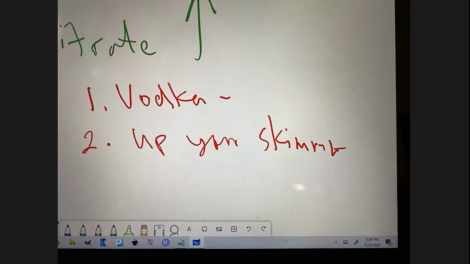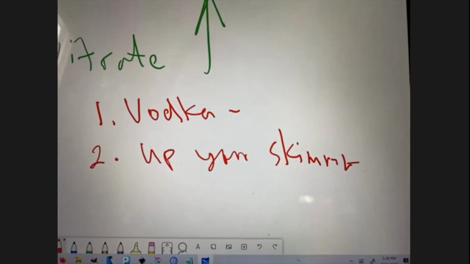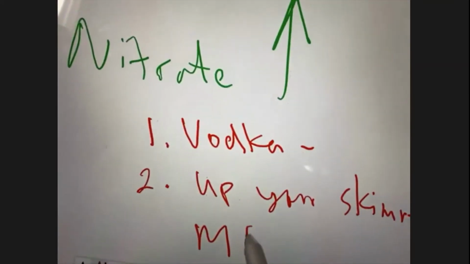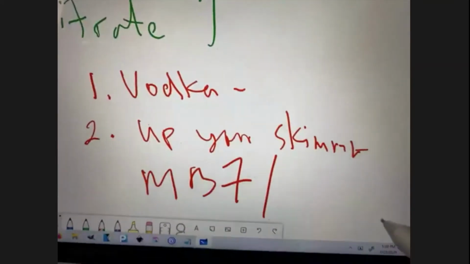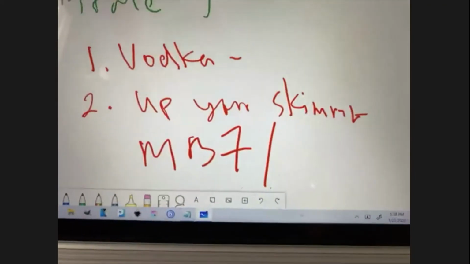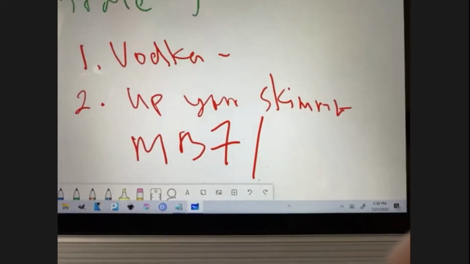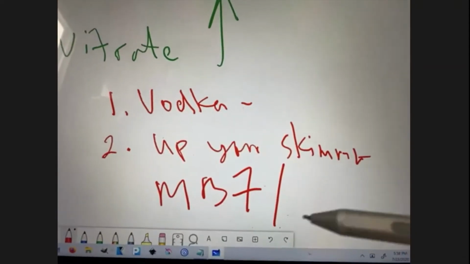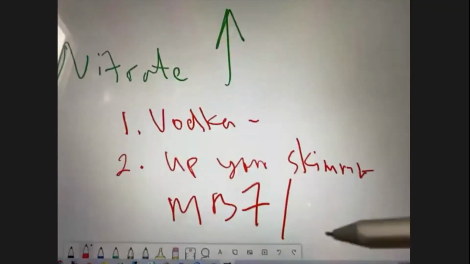You can also use a commercial product like MB7, the Mycobacter 7 from Brightwell, or Dr. Tim's Refresh, stuff like that. Anything to add bacteria in your system. The idea is to have bacteria break down and lower your nitrate.